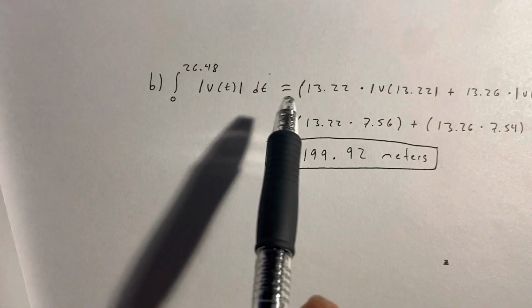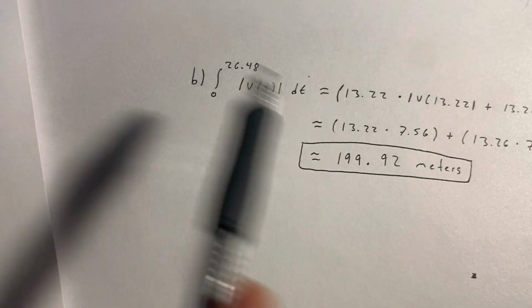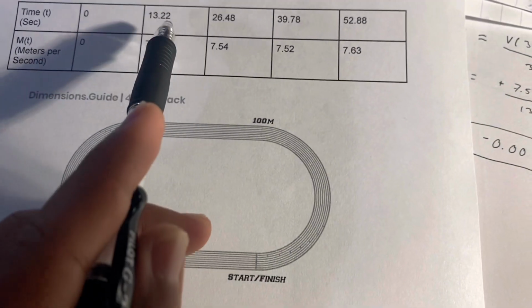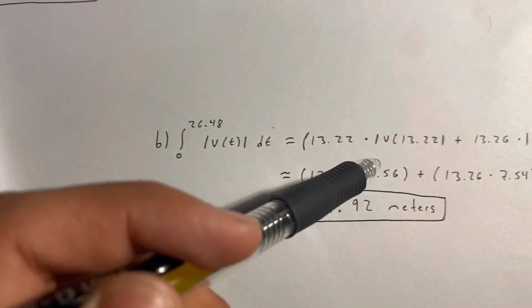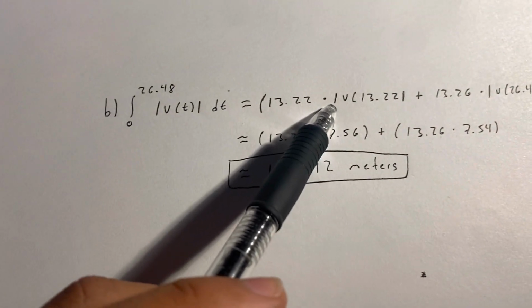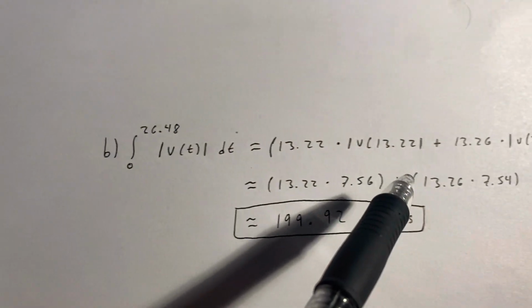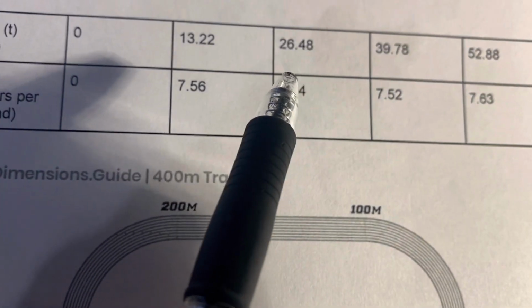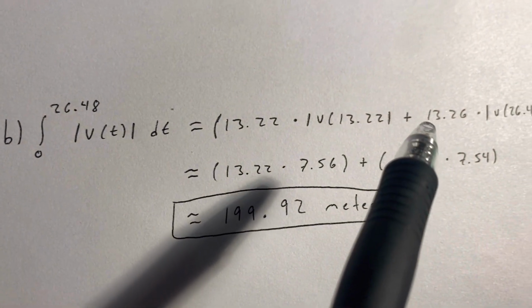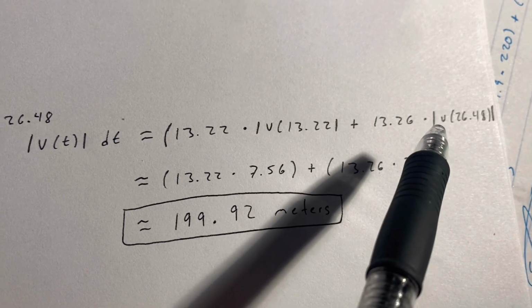So first off, we have the 13.22, which was our starting time, and then that's going to be multiplied by v of t, which would be 7.56, and then that's going to be added to 26.48 minus 13.22, which would give us 13.26, times our v of 26.48, which would give us 7.54.